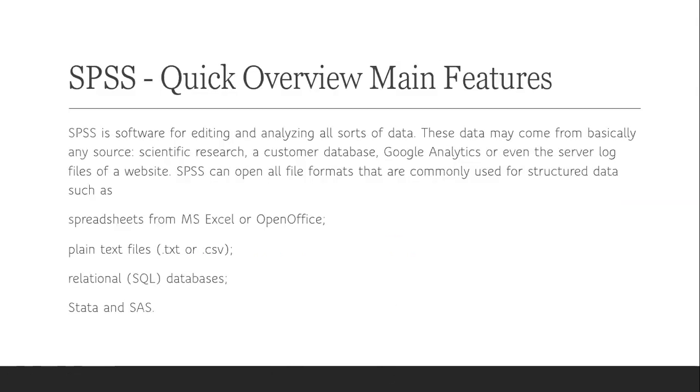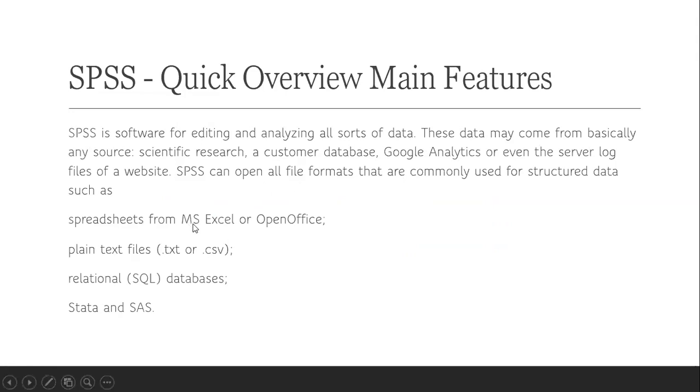Let's go for a quick view of the main features. Normally, SPSS is software for editing and analyzing all sorts of data. This data may come from basically any source: scientific research, a customer database, Google Analytics, even server log files or a website. SPSS can open file formats that are commonly used for structured data. In SPSS, you can open files with other extensions also.